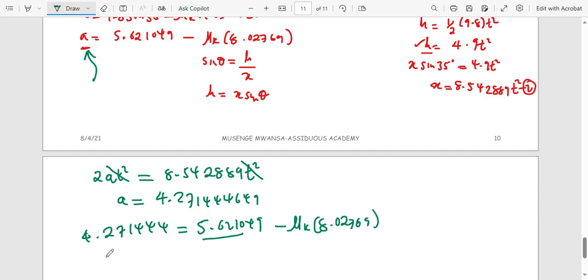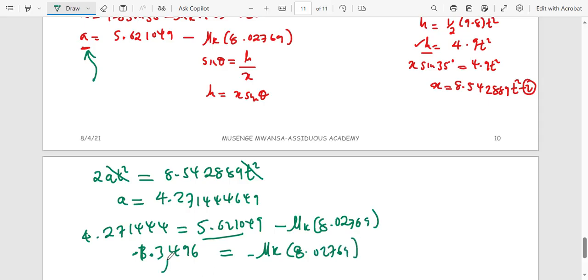I'll take this term the other side, so it will be 4.27 minus 5.621049. That will give us negative 1.3496, and that will be equal to negative mu k times 8.02769.